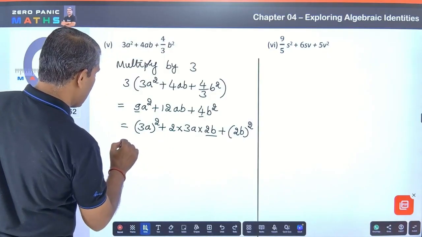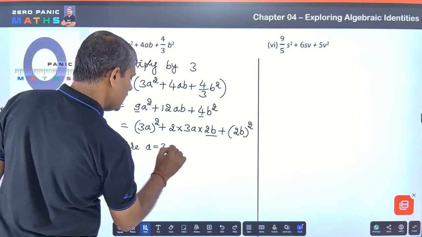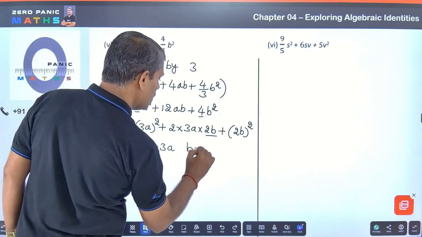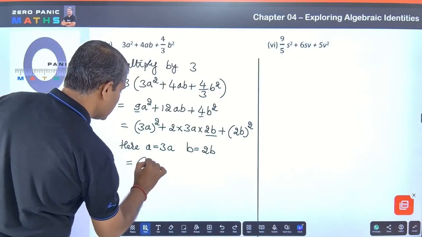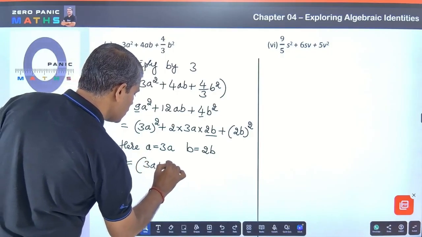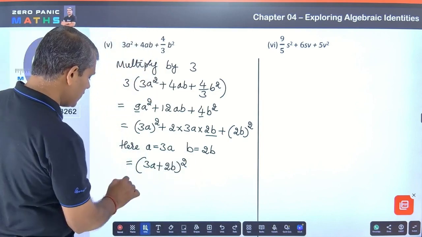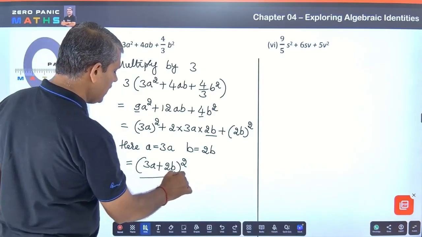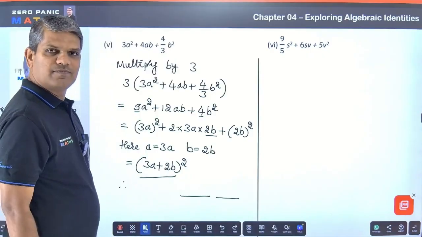So now you can say that here a is equal to 3a and b is equal to 2b, so that you can write this as 3a plus 2b whole square. Therefore the factors are again 3a plus 2b and 3a plus 2b. You can write that yourself.